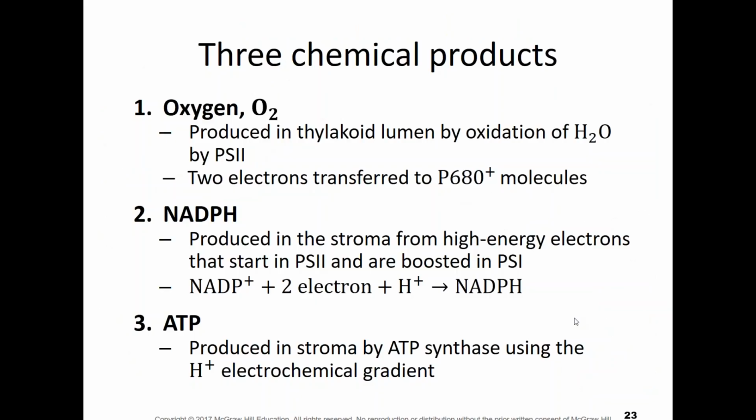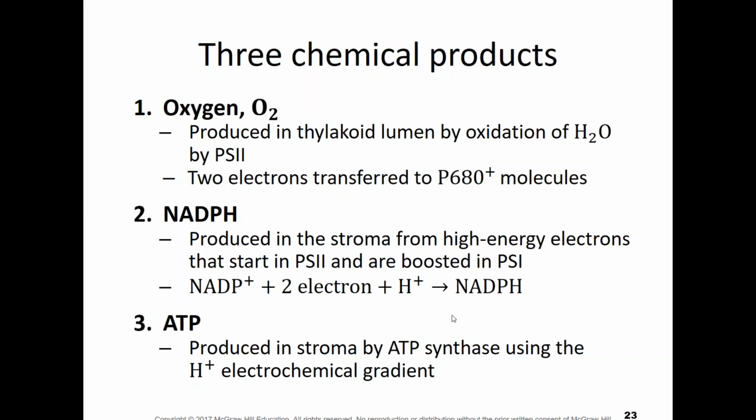Okay, so what's produced from the light reactions? Oxygen's produced, and it's really a waste product. And 2 electrons get transferred to P680 molecules. And then NADPH is produced in photosystem 1. Photosystem 1 is the second one. So NADP+ joins with electrons and hydrogen to become NADPH.